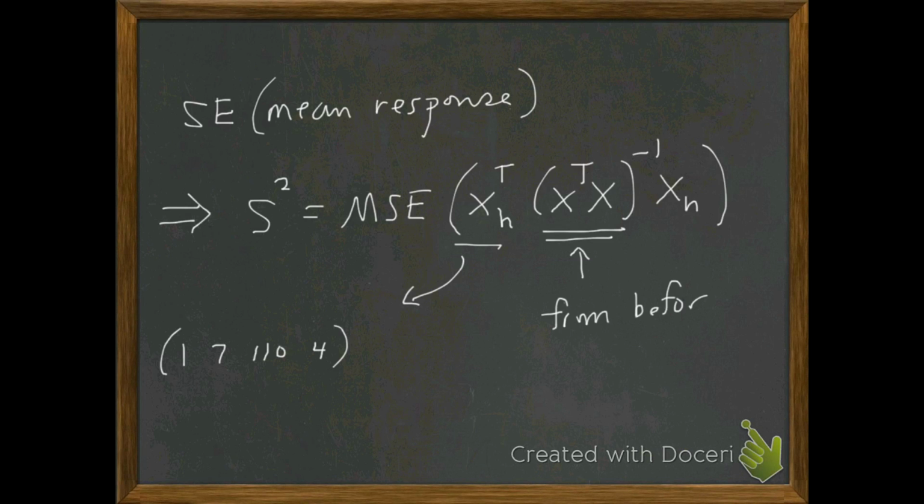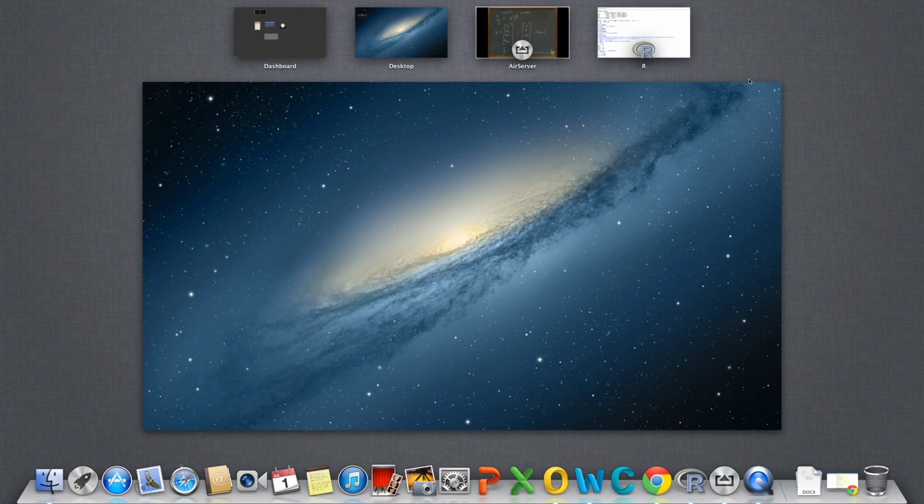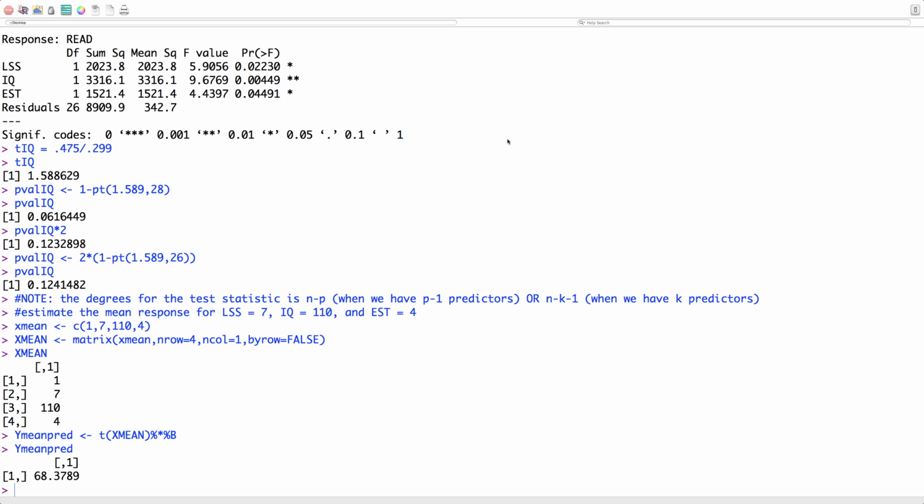So let's calculate the standard error squared. Now we're going to run into problems multiplying by the mean square error like we did before. So let's just do this. So let's take, we called this what, the transpose of x mean, right?